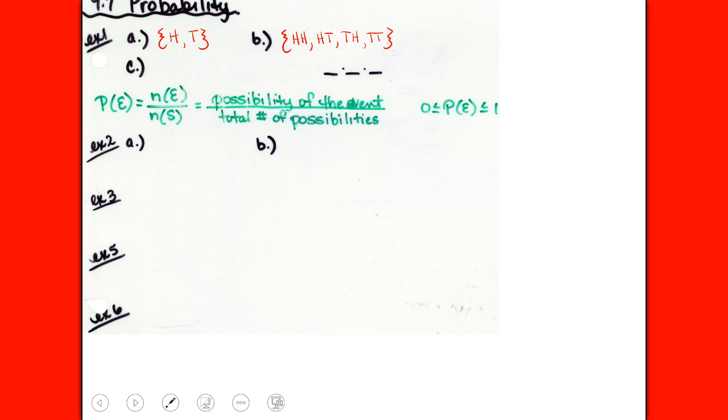All right, then for C, it says find the sample space if 3 coins are tossed. Now, we could sit here and we could just start calling stuff out, and we might end up missing 1 or 2 of them. So it's a good idea to go about it in a methodical way. And maybe I start with what if they're all heads and move to what if none of them are heads, something like that.